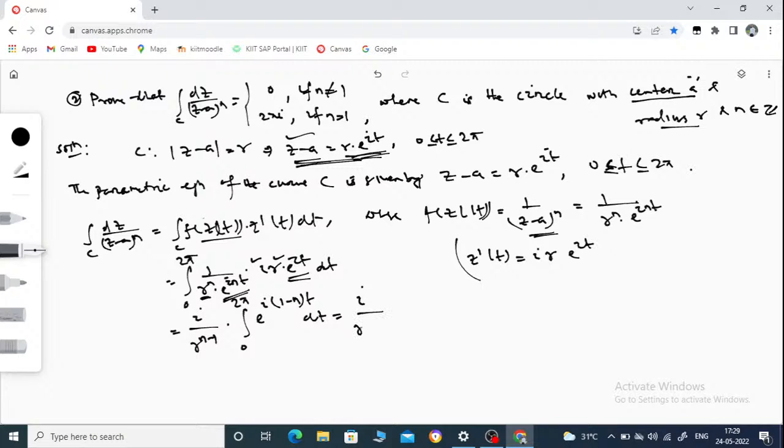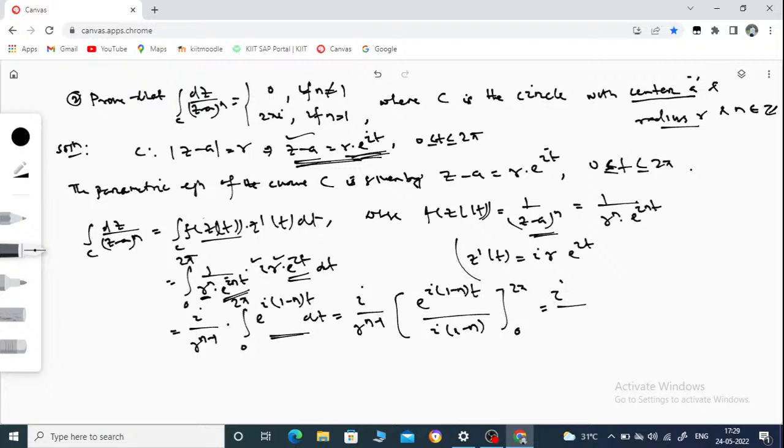This is I divided by r to the power n minus 1, and then integration of this one is e to the power I whole into 1 minus n t divided by I whole into 1 minus n, and its limit is from 0 to 2 pi.